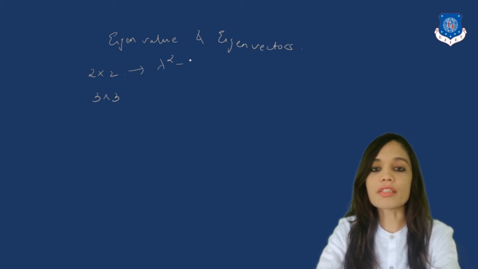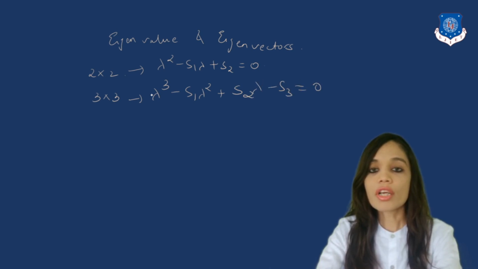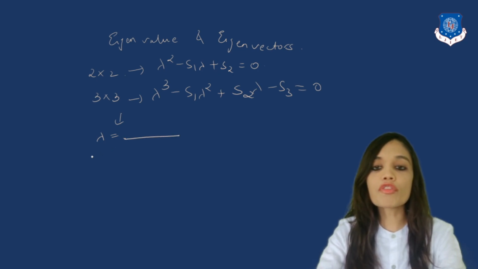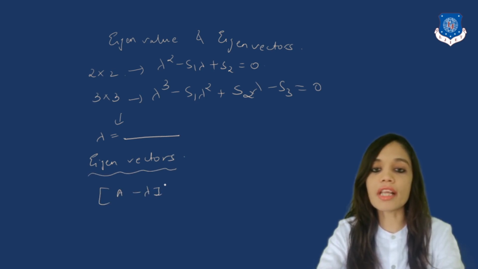So it is lambda square minus s1 lambda plus s2 is equal to 0, and for order 3 the equation is lambda cube minus s1 lambda square plus s2 lambda minus s3 equals 0. Now after finding the values of lambda, we have to find eigenvectors corresponding to each value of lambda using the equation (A minus lambda I)x is equal to 0.